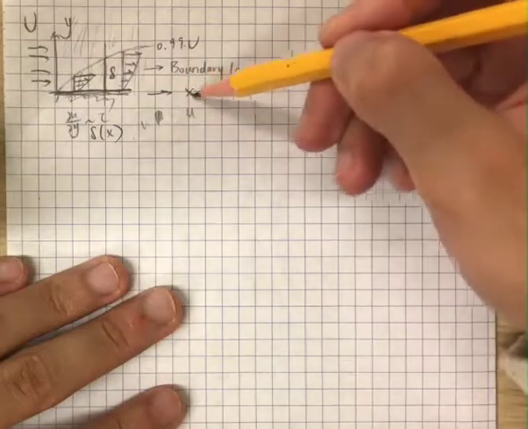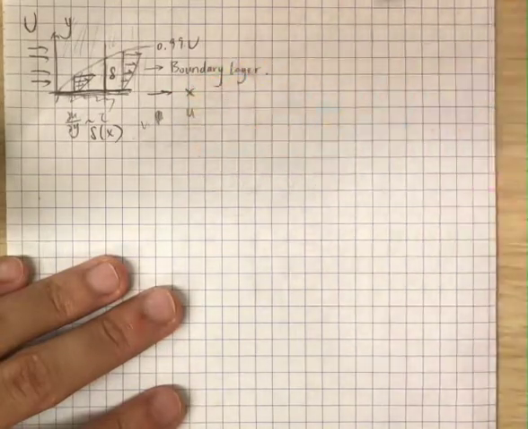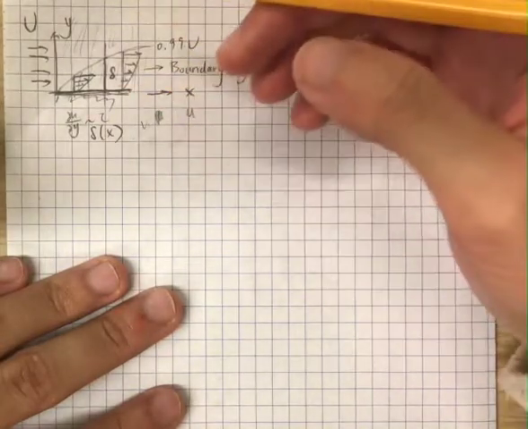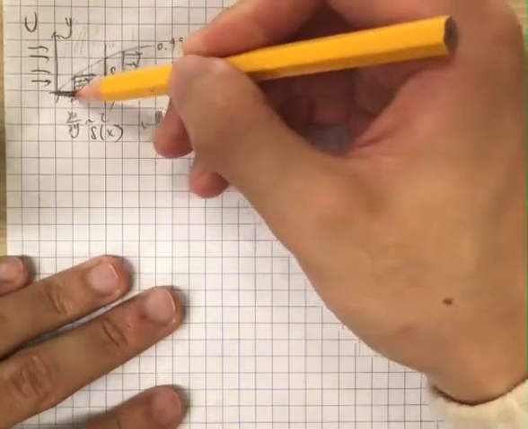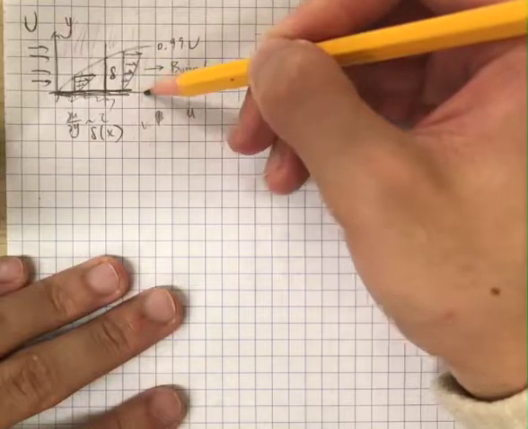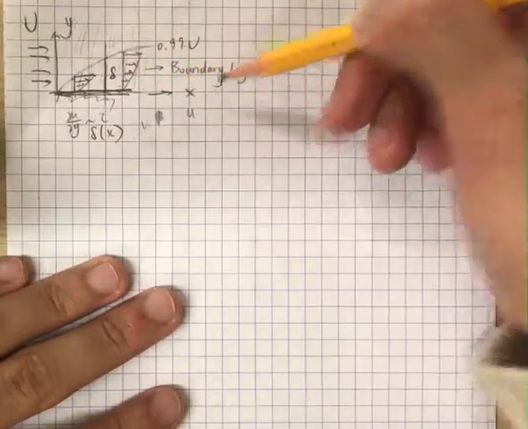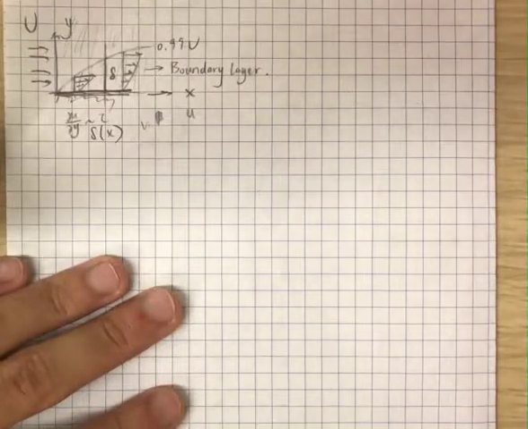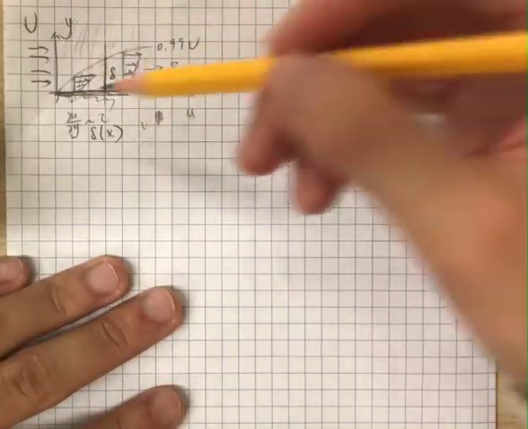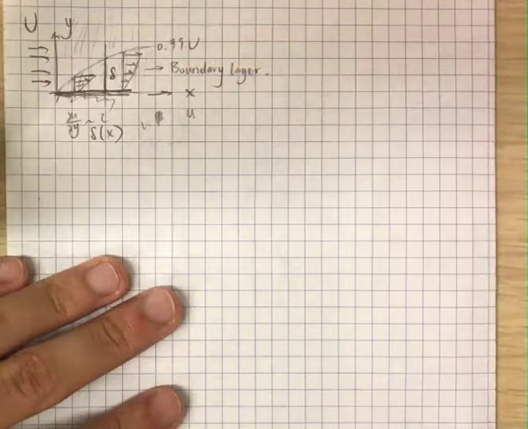But as x increases, the flow conditions will also experience a transition. If our plate is long enough, then we would expect the flow conditions to change from laminar to turbulent.